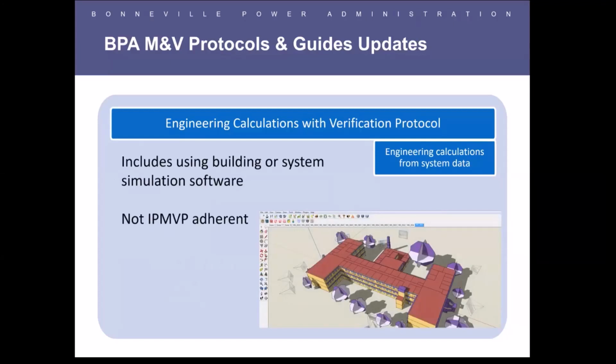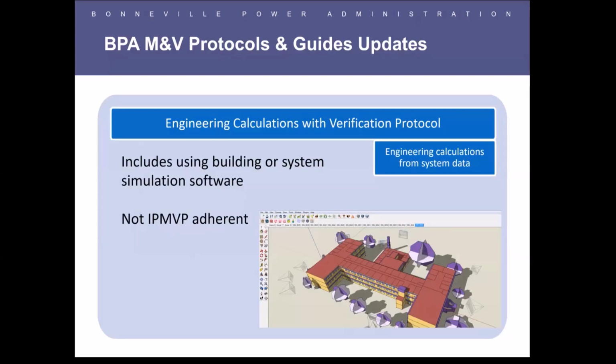They have separate sections in the document because they are quite different. Using the simulation software is quite a specific skill set. So that is an important consideration when selecting this method, but it is definitely a preferred method for new construction.